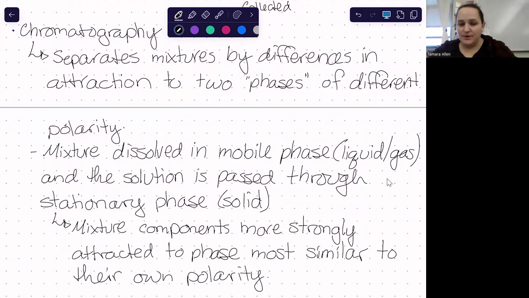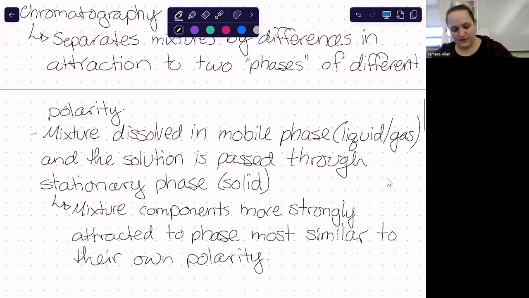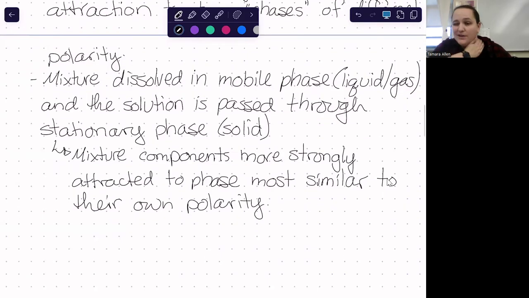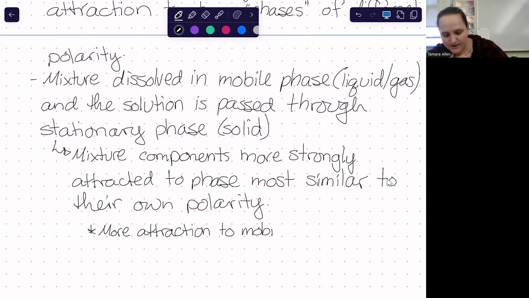So if different components in your mixture have different polarities, they will have different relative strengths of their attractions. And what that results in is a difference in how quickly they move through the chromatography system. If something has more attraction to the mobile phase, it's going to stick to those mobile phase particles better, and they are, as their name suggests, mobile, meaning they are passing through the system.